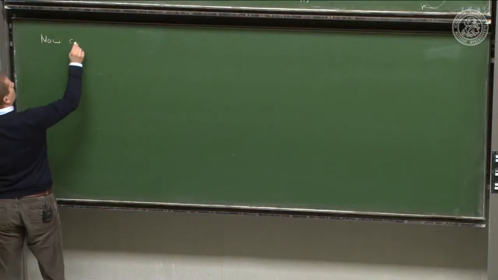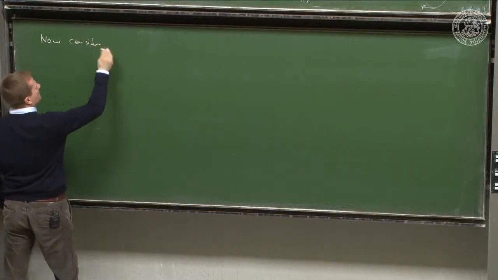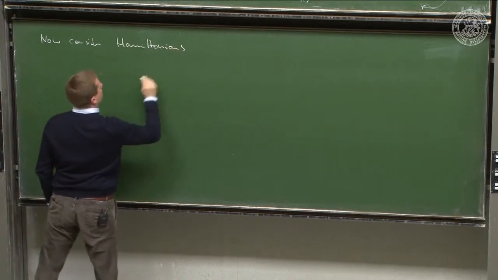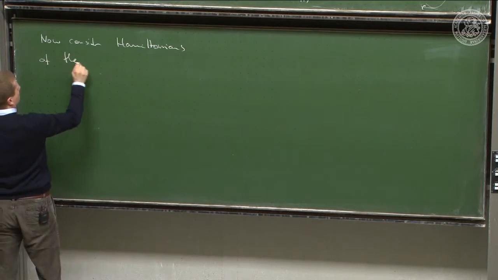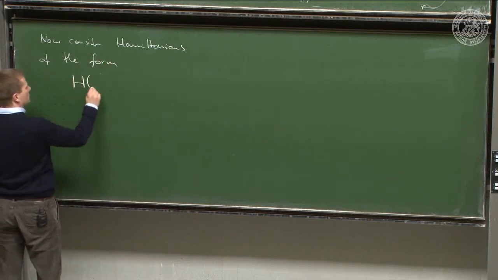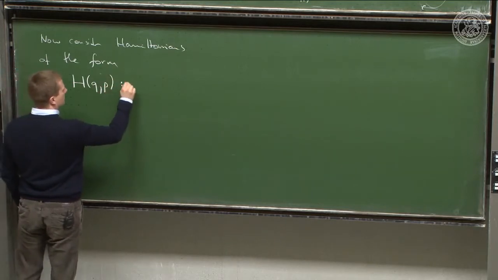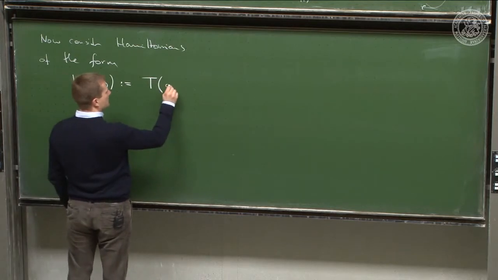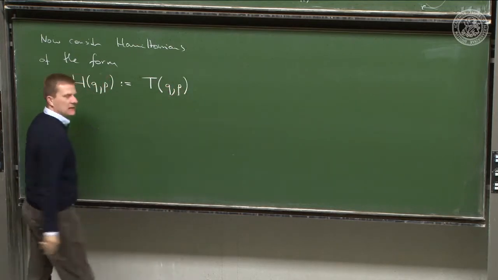Now consider Hamiltonians of a special form. And that special form is that the Hamiltonian of Q and P be given as a kinetic part, but the kinetic energy part may also depend on the Q's.